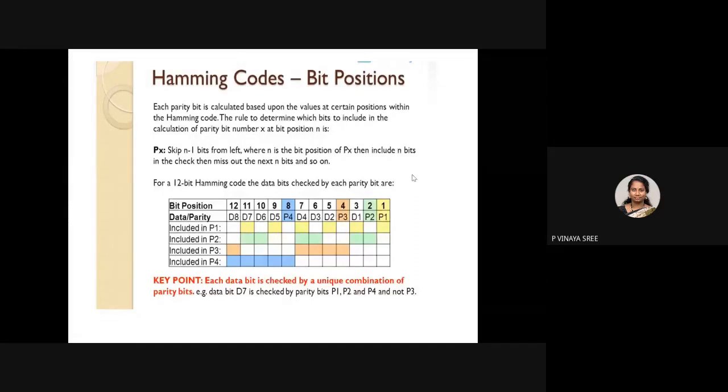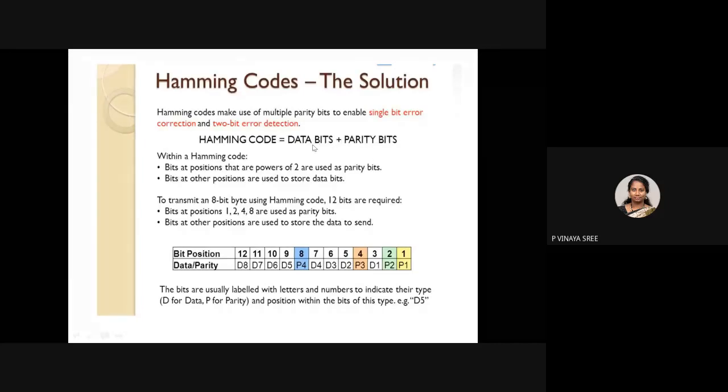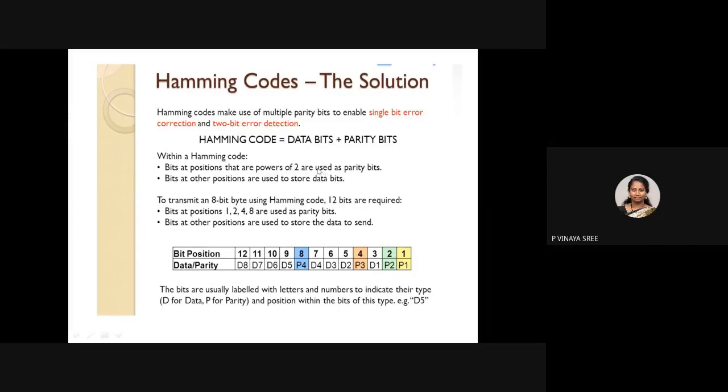What the sender has sent is different from what I have received. In order to detect that, we add extra bits, and with the help of these extra parity bits, the receiver is able to identify whether the data received is actually what we sent.